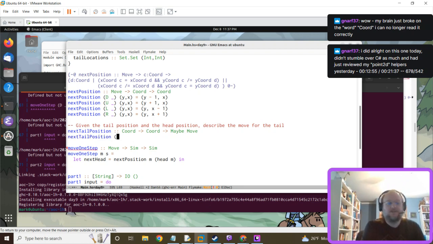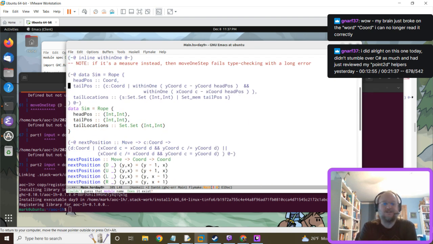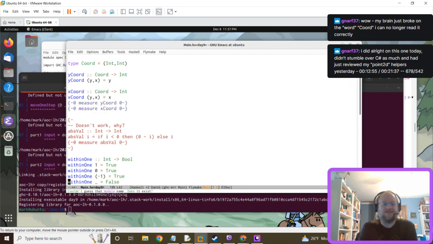So tail, y, tail and head. Can we break this into the cases easily? The cases are on the difference. Sure. We've guaranteed that the difference initially is within 1. So now it's within 2.